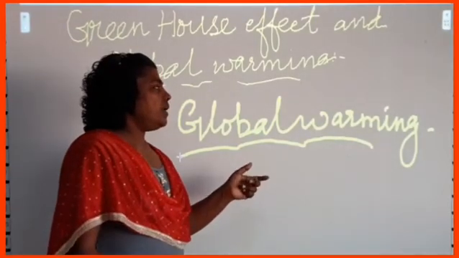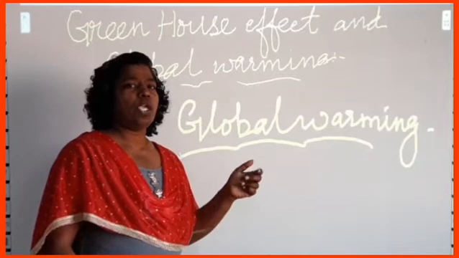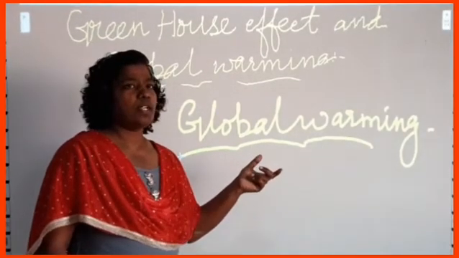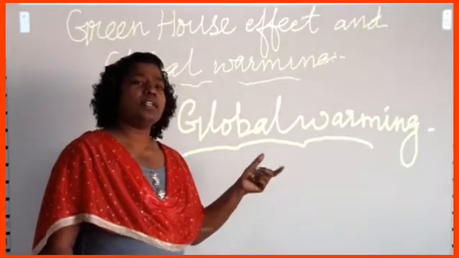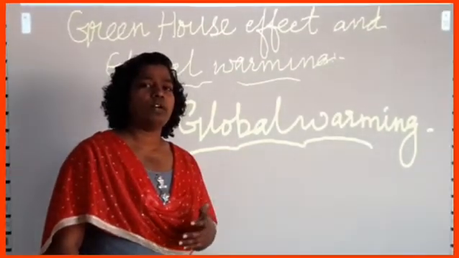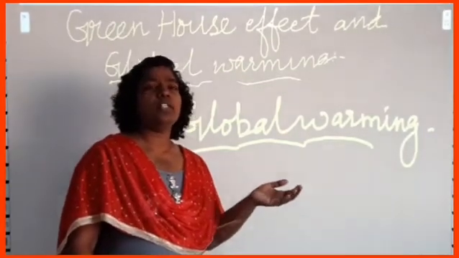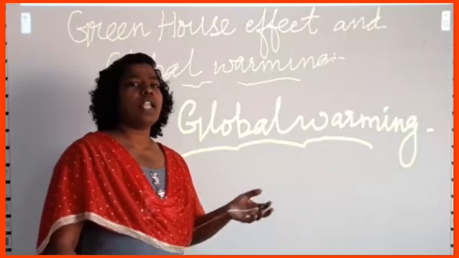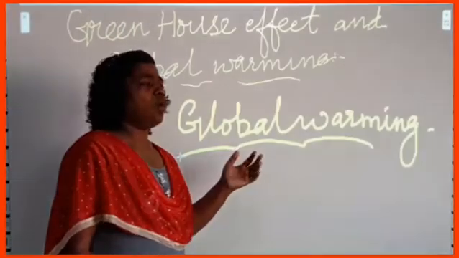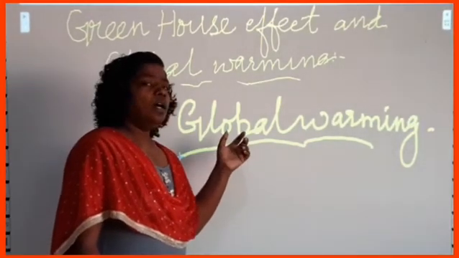There are a lot of reasons for global warming. We have seen them in the previous topic: the increase of industries, the smoke that comes out of the industries, the burning of fossil fuels, natural disasters like earthquakes and volcanic eruptions. All these things cause global warming.